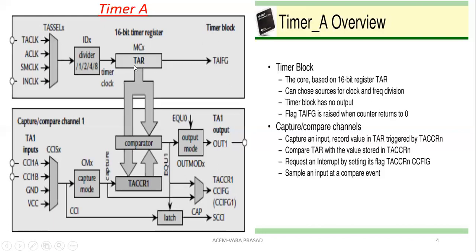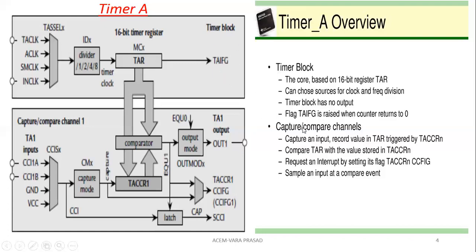TAR means Timer A register, and it can choose sources for the clock and frequency divisions. Different clocks are available, and the timer block has no output. It consists of only a flag, the Timer A interrupt flag. That is the timer block.